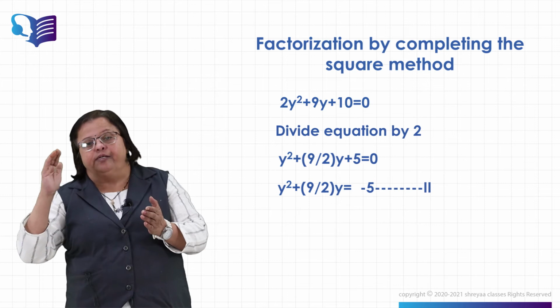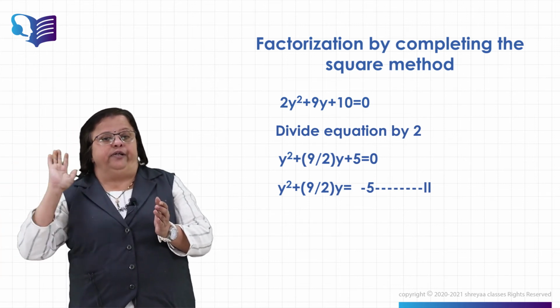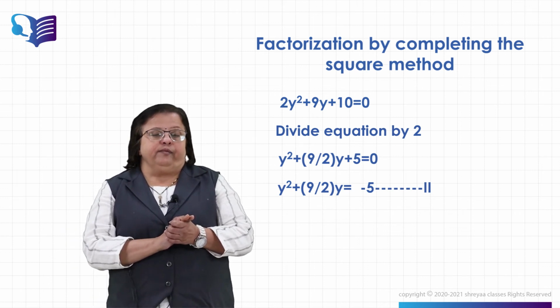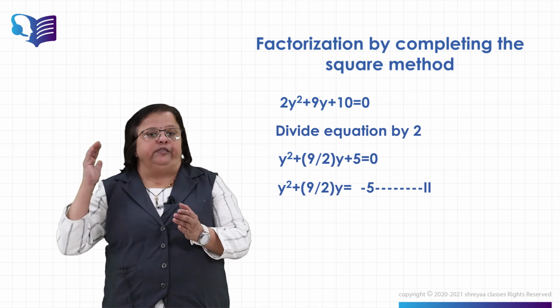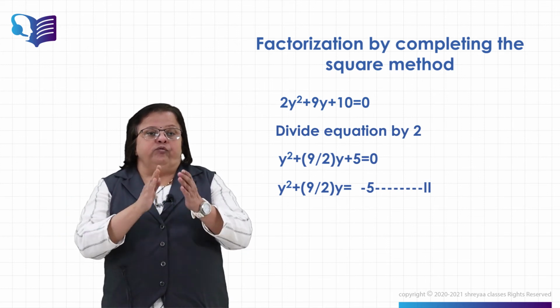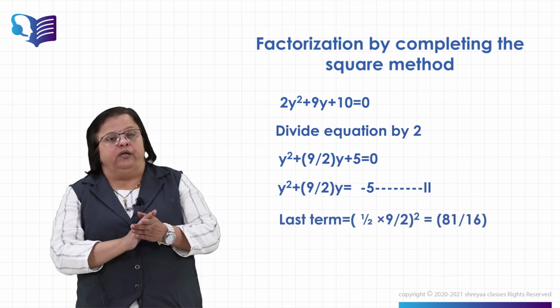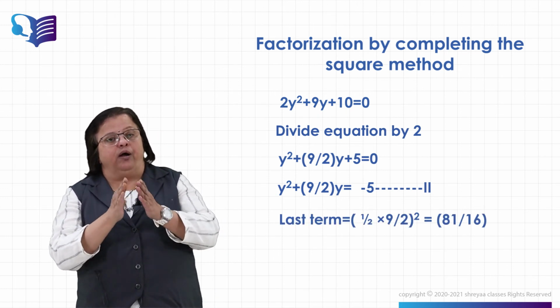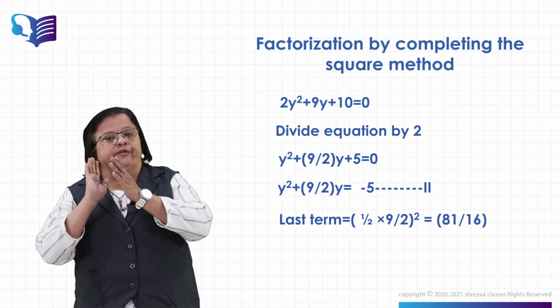What is the second step now? Take the constant on the right hand side. So we have taken plus 5 on the right hand side as minus 5. Now we have to find out the last term. So what is the formula? Last term is equal to half into coefficient of y, the whole bracket square.